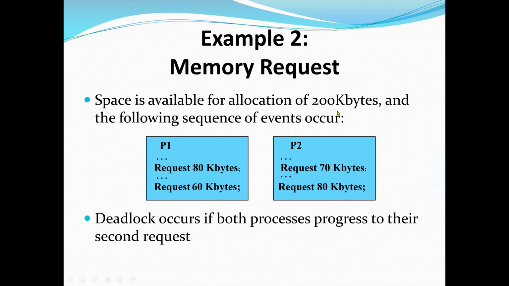The problem here is that we don't know the actual size from the beginning. So we have 80 and 70, that's 150. The second time we are having 60 and 80, it passes the 200 limit. So a deadlock occurs when both processes progress to their second request. Now, if the second request is, let's say, only 10 kilobytes, then it's within the 200 range, so that should work.